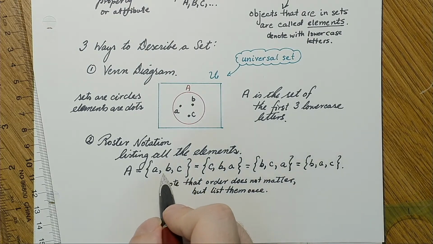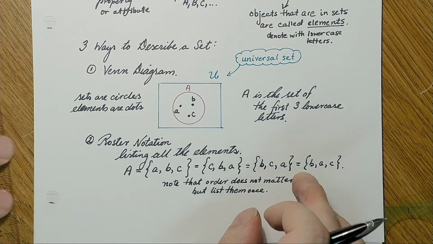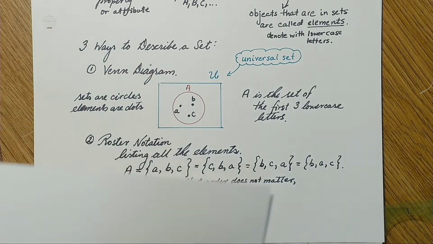And we use a comma to separate each of the elements. It's very similar to what we do in English when we're writing out a list of things. We put commas. The only thing that we do different is we add some brackets.